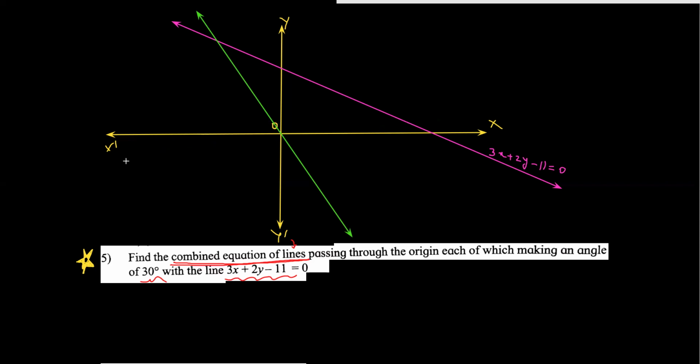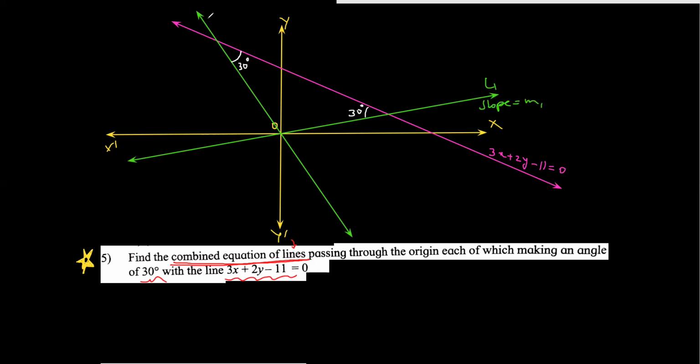Okay, sir, we got it. See, this is what they are saying: this angle is 30 degrees and this angle is also 30 degrees. So what we have to do, let me write this as line L1, slope M1.